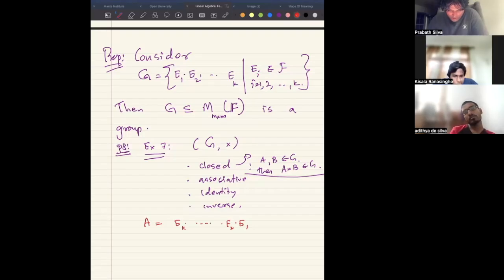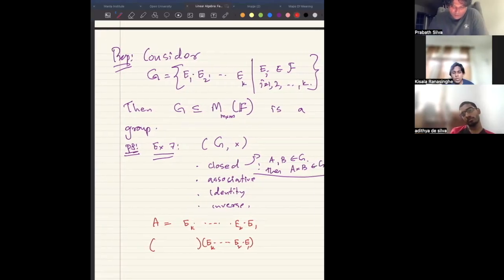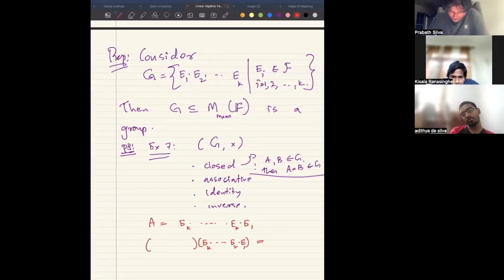I mean, it doesn't matter which way you write. Now the inverse of this, what is the matrix that you have to write here so that when you multiply these two things, you will get identity back?